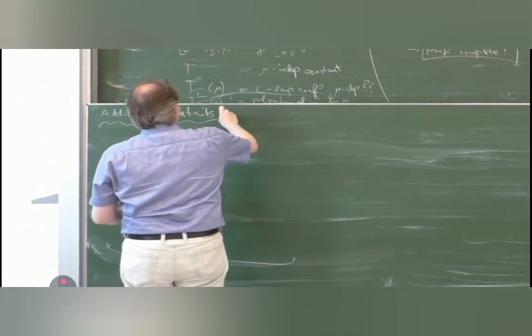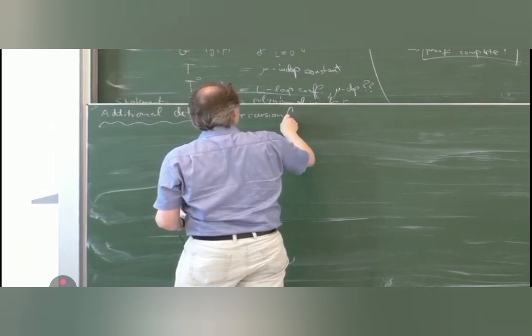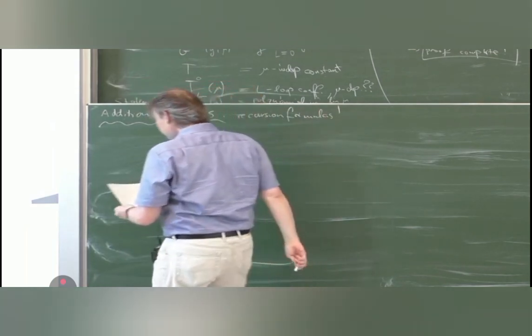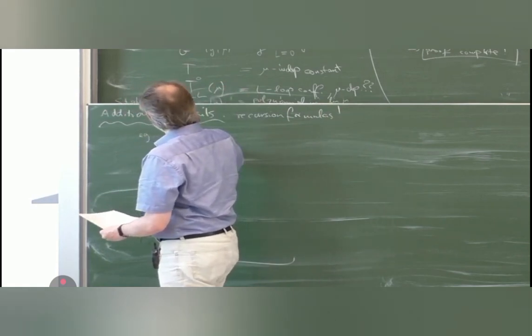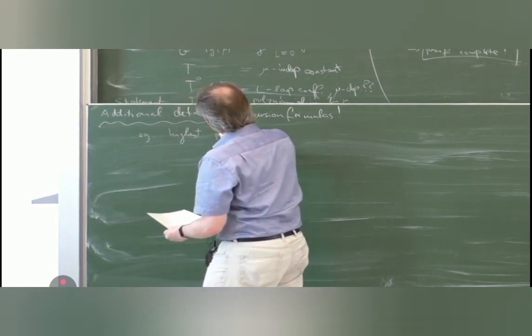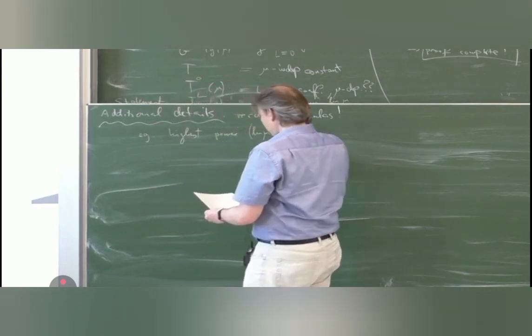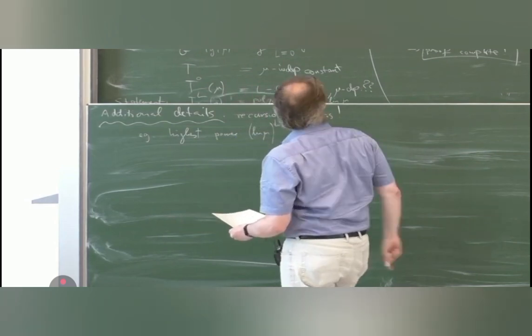So there are additional details maybe in the formulas. If you only want the highest power, you have a new term for the power L minus 1 in this equation here.